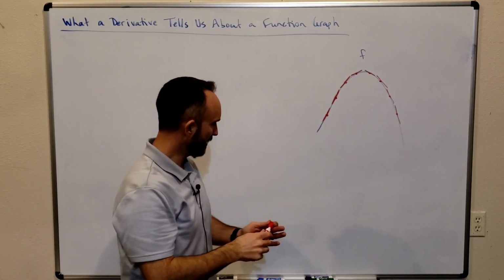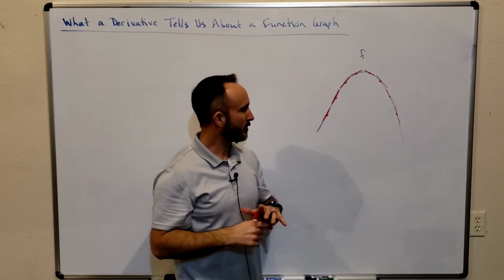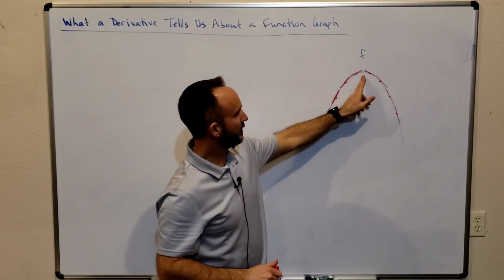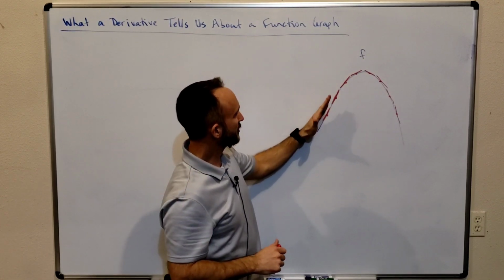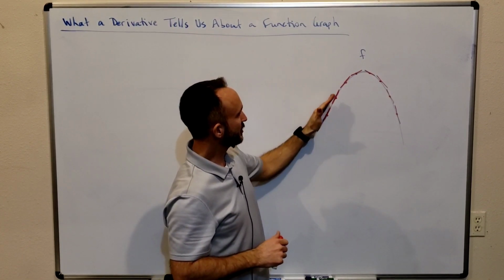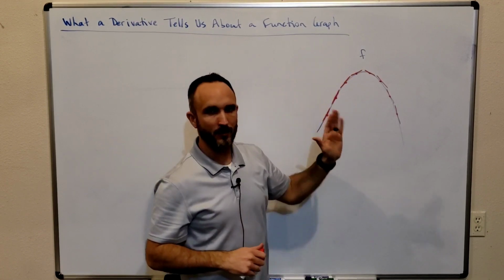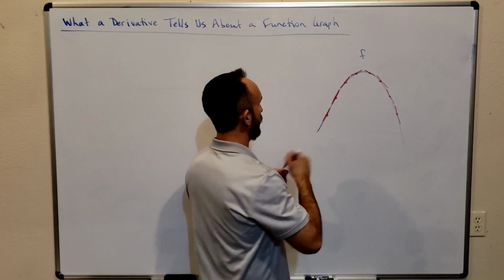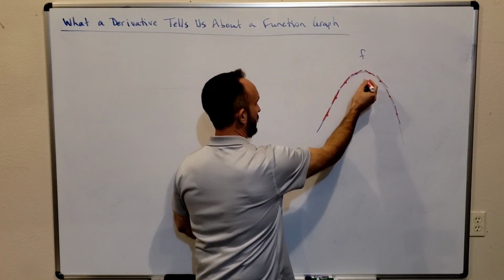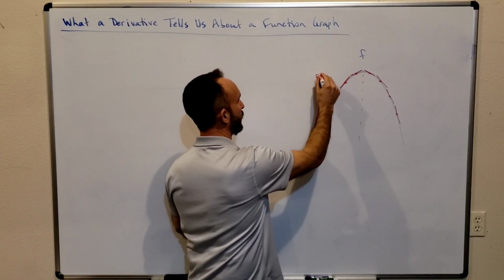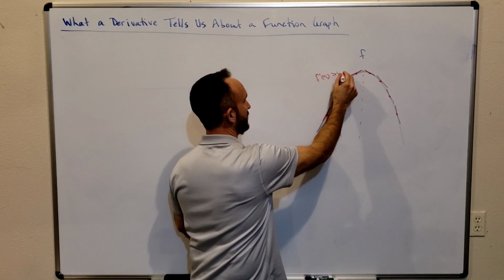Okay? And so what we start to observe is that all of the tangent lines to the left of the peak are all slanted in a positive slope direction. Because the slopes of the lines on the left side of this graph are positive, f prime of x is positive on this left half.